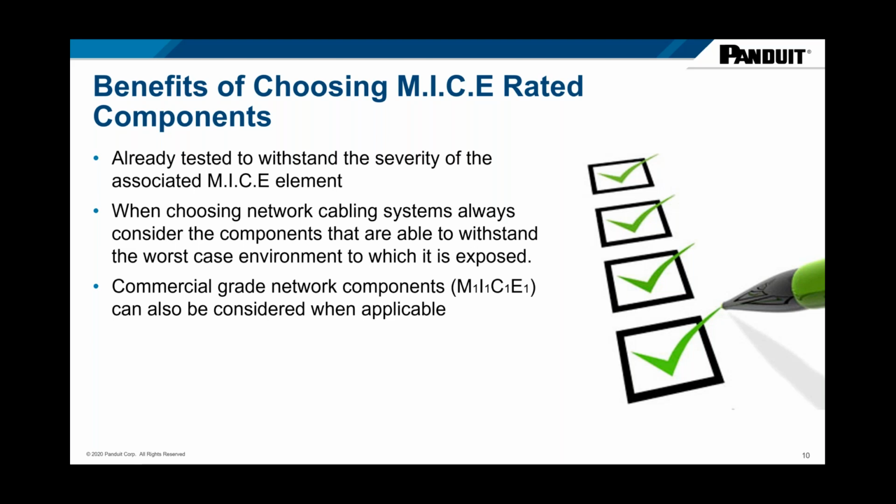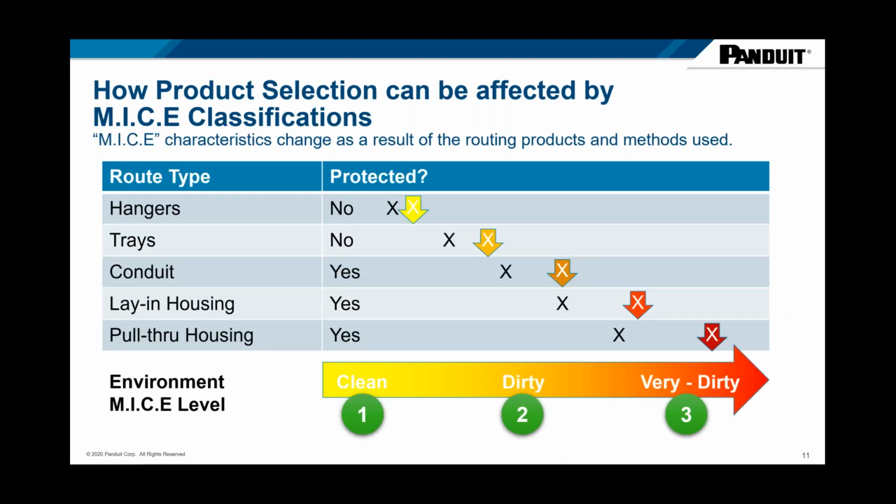Now that's evaluating the environmental conditions. It's not necessarily that the product is built to that standard, but we can tell you, yes, it will fit well in this environment. So there's a nice guide that we're going to show you at the end for how you can use M.I.C.E in practice. I want to give you a couple examples of M.I.C.E.